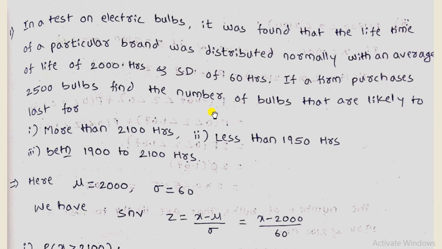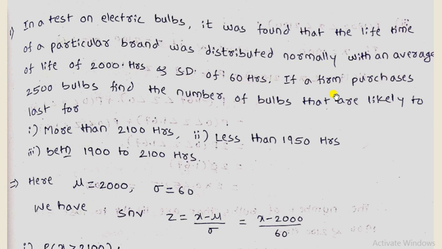Examples on normal distribution. First example: in a test on electric bulbs, it was found that the lifetime of a particular brand was distributed normally with an average life of 2000 hours and standard deviation of 60 hours.